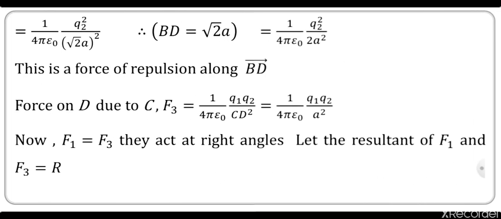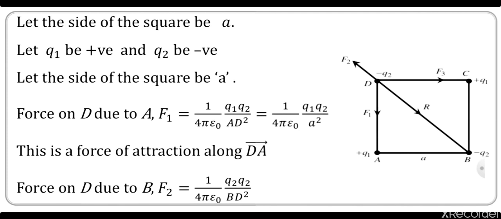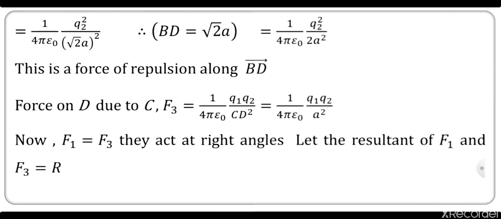Now the next force, find the F3, force on D due to C. Okay, see in the picture, force on D due to C. So between minus q2 and plus q1, and the side is a only, that is the distance. So use the formula, you will get q1 q2 by a squared, that is F3. You can compare all the F1, F2 and F3.